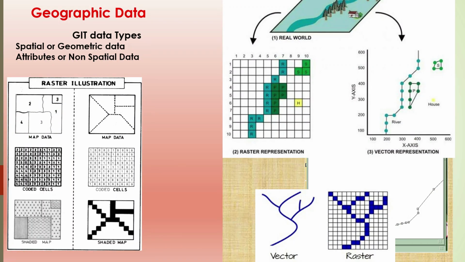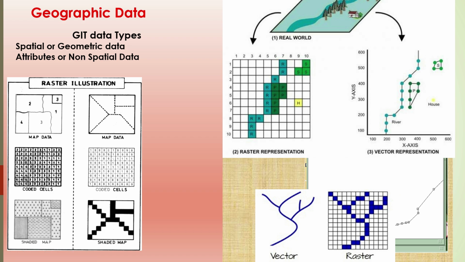So we also have an example. This feature can be represented as another example of the real world, and when you are capturing it in the raster environment, it is captured like this. And if you are capturing using the vector representation format, you capture it like this. In each case, you see, a map is a model of reality.